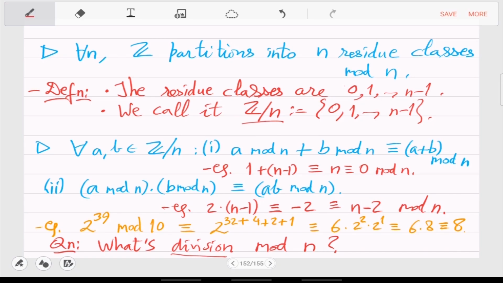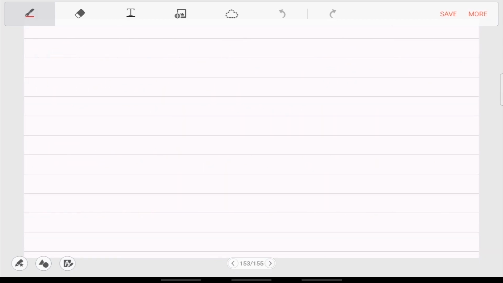So for example, 0 you have to rule out. Division by 0 is never allowed. But other than 0, is division allowed? Is there an example where it's non-zero in the set, but its inverse, the reciprocal will not exist for n equal to 10? It will not exist for 1 by 2.